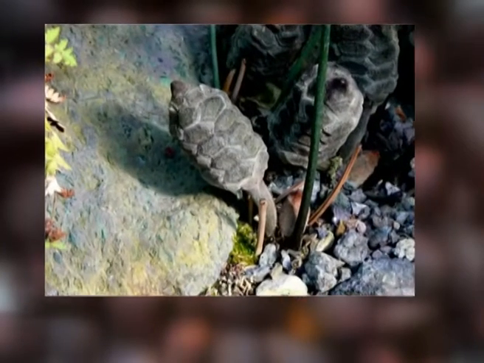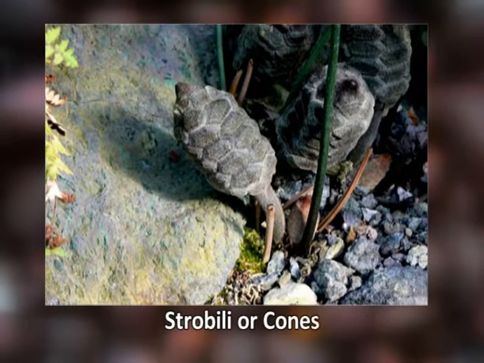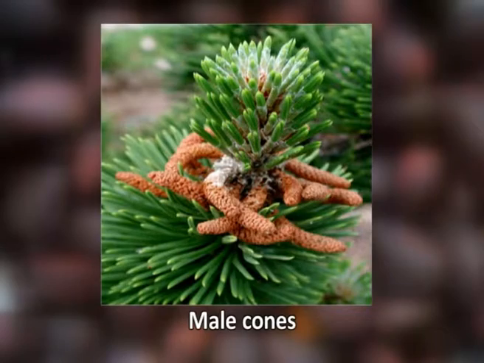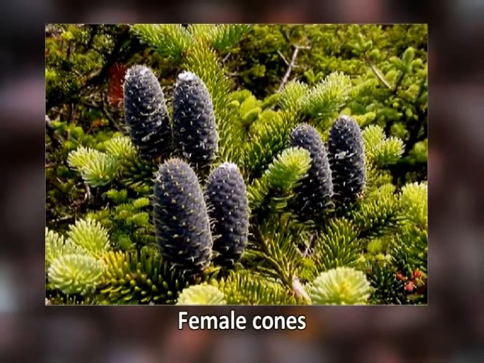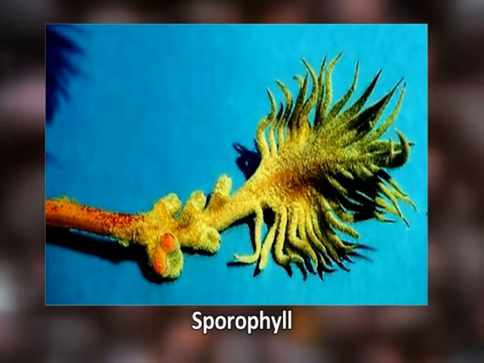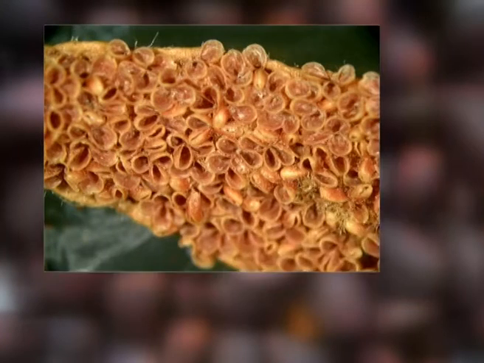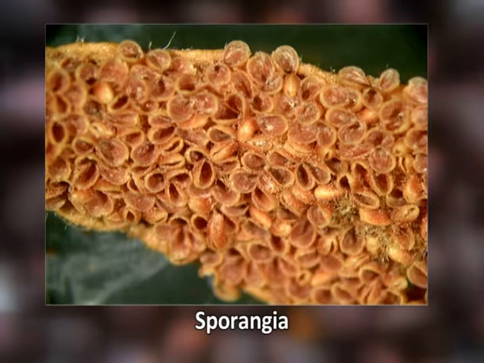The reproductive organs occur in the form of strobili or cones in gymnosperms. These cones or strobili may be monosporangiate, that is, they may be male cones or female cones. The cones are aggregates of sporophylls which bear spore-producing sporangia.